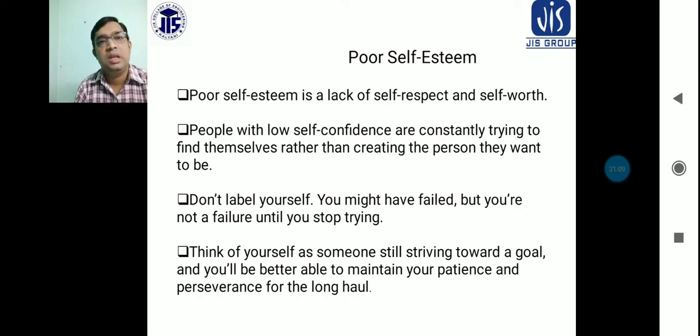People with low self-confidence are constantly trying to find themselves rather than creating the person they want to be.